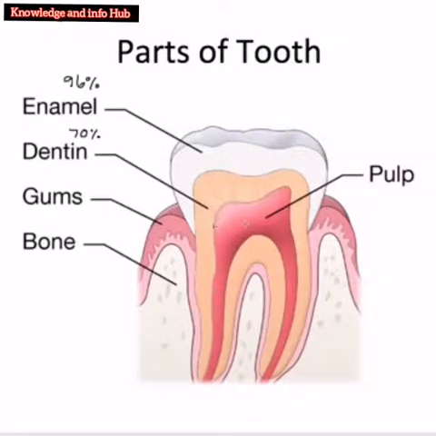You have the pulp chamber up here, so that's basically this portion here. You have pulp horns, which are these parts that sort of stick up from the pulp chamber, and you have pulp or root canals, which refer to these portions.